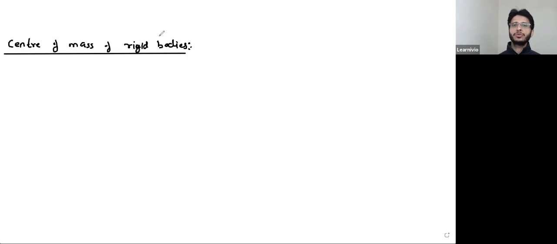By rigid bodies, we mean you can have a rod, a disc, a ring. If you have a rigid body, then the number of point mass particles in a rigid body is finite or infinite?